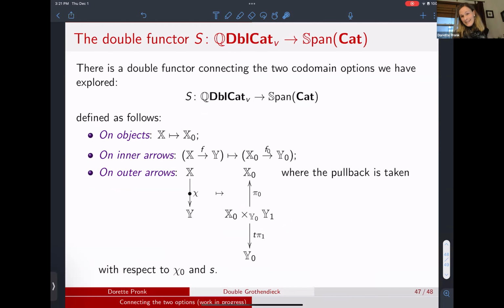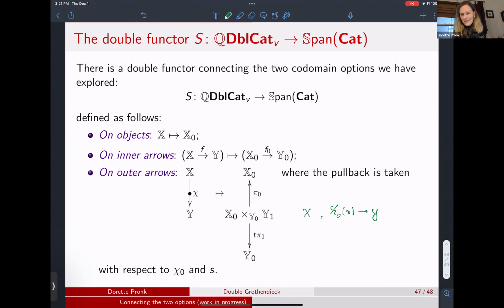And that's a Grothendieck thing again, because these are just objects of X naught together with an arrow, so an x in X naught together with an arrow from chi naught of x into some object in Y.